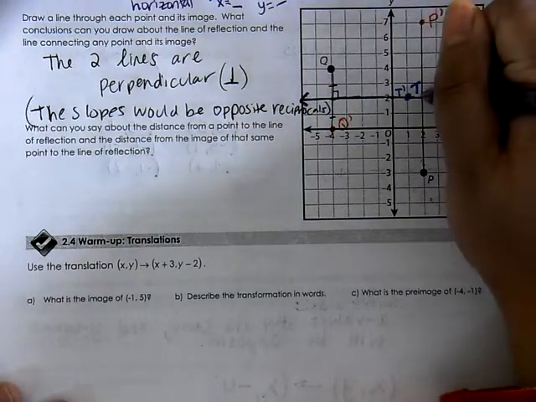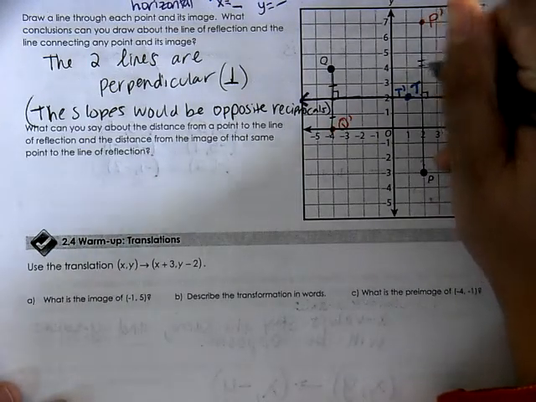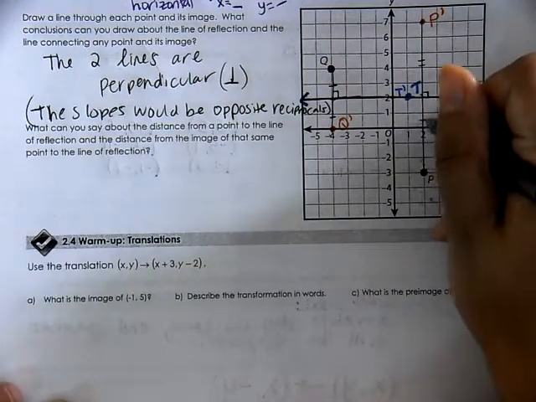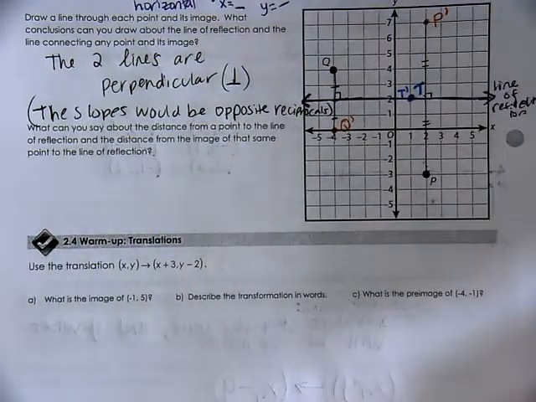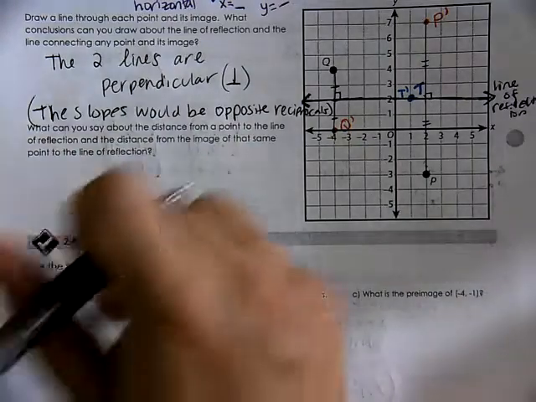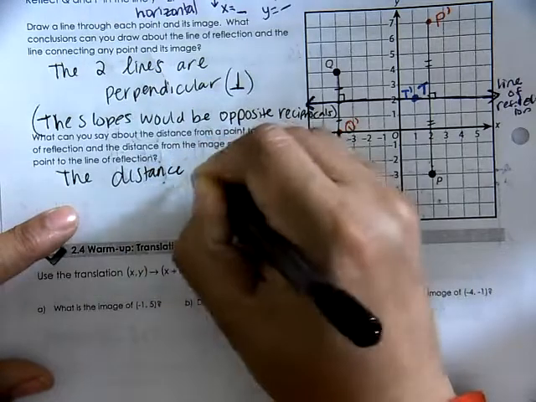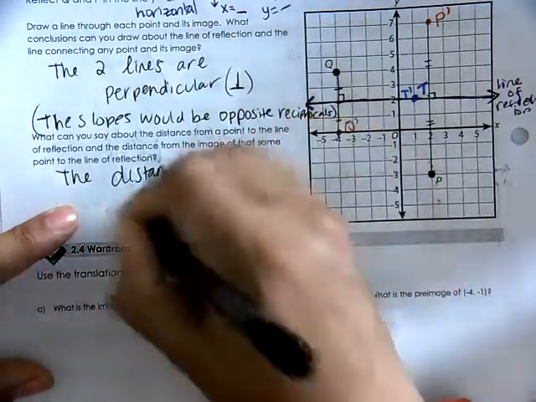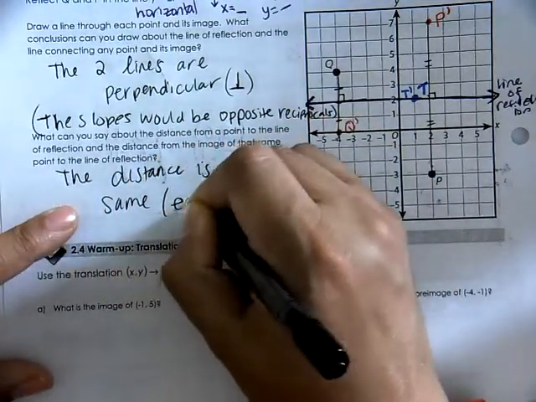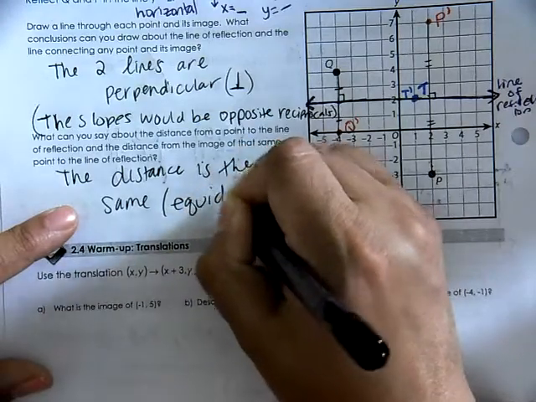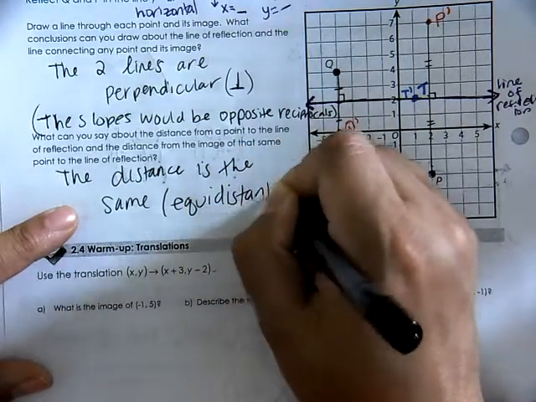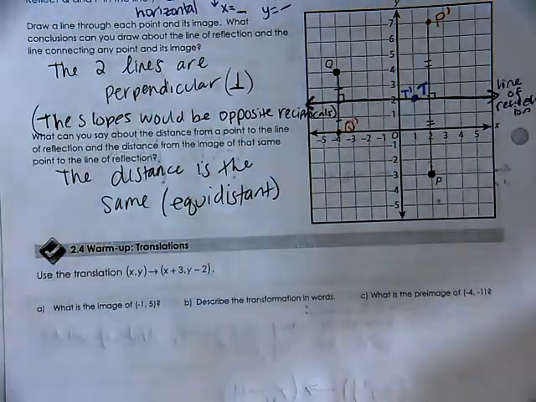Same for P to the line of reflection and P prime to the line of reflection. Each of those are the same. You can put the tick marks if you want to show that, or that's what we're going to write down here, is that the distance is the same. Or we'll write down in parentheses, the word that we use to explain that is equidistant.